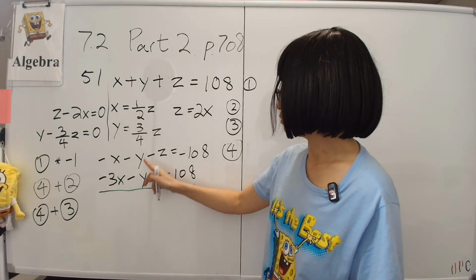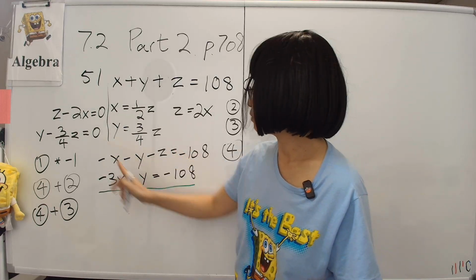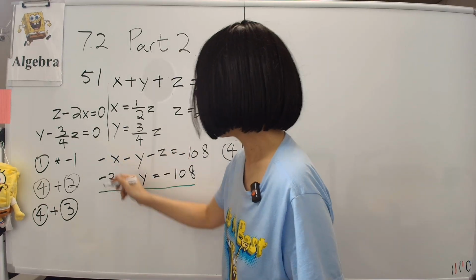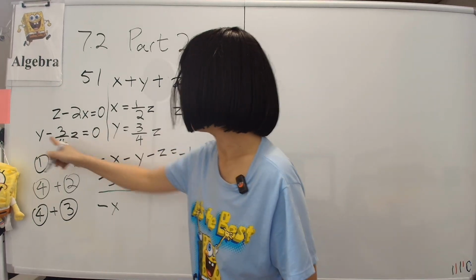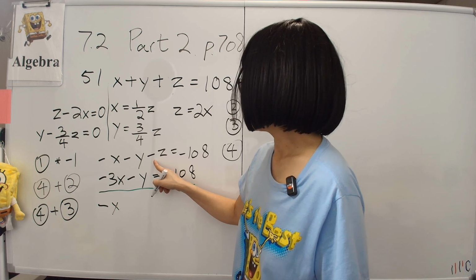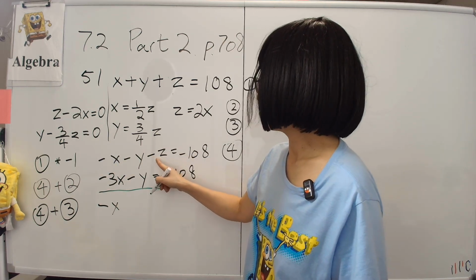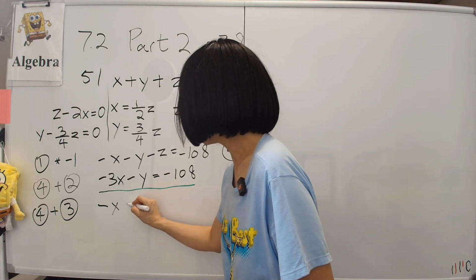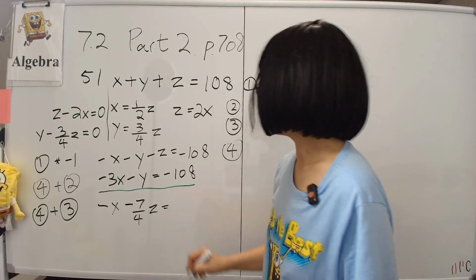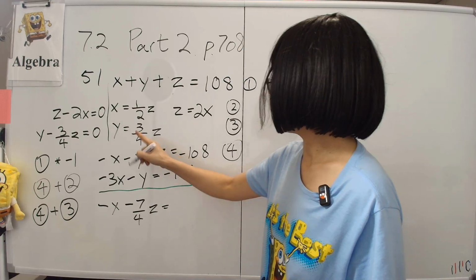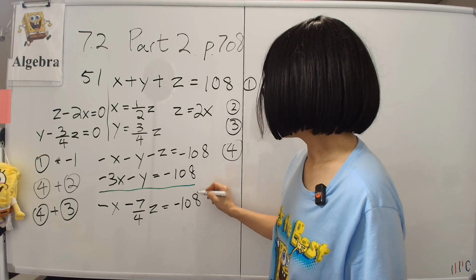It has no x's in there, so the x stays, minus x, and then y cancels out, as we intended. And then z is together, that's minus 7/3, I mean 7/4 z, and that is still equal to negative 108. All right, so what?